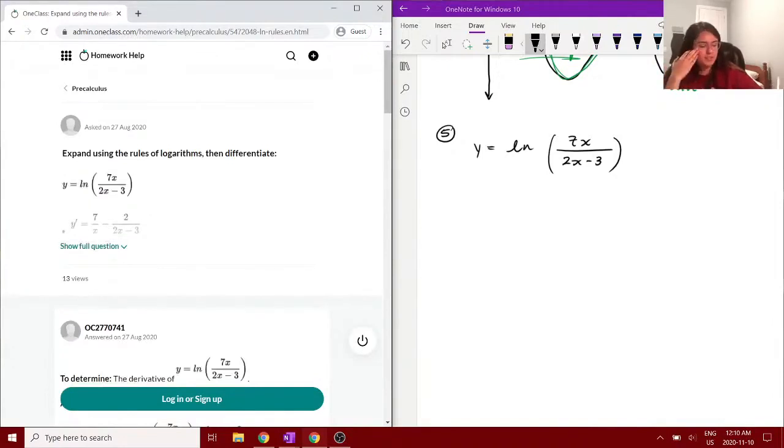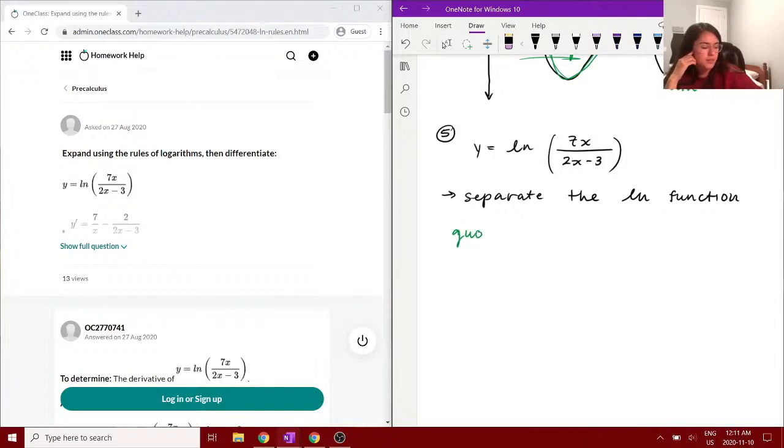Okay, so the first thing that we can do here is separate the ln function. Sorry, the ln function, it's not a log. And for that, we can use the ln rule, or the ln law, quotient ln law specifically.